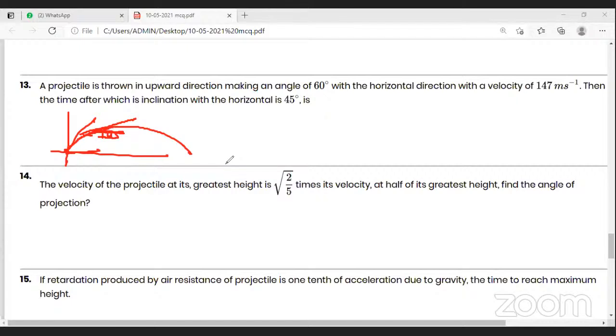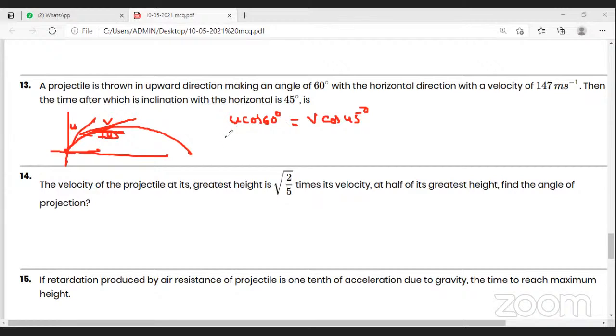Horizontal velocity is constant only, na? Let me consider the initial velocity here is u, and here the velocity is v. So what is the horizontal velocity initially? U cos 60 degrees. And after some time, what is the horizontal velocity? V cos 45 degrees. Of course, both are the same only, and always the horizontal component of velocity is the same.